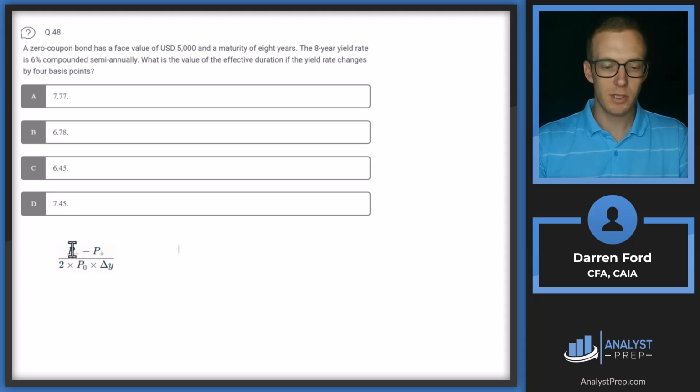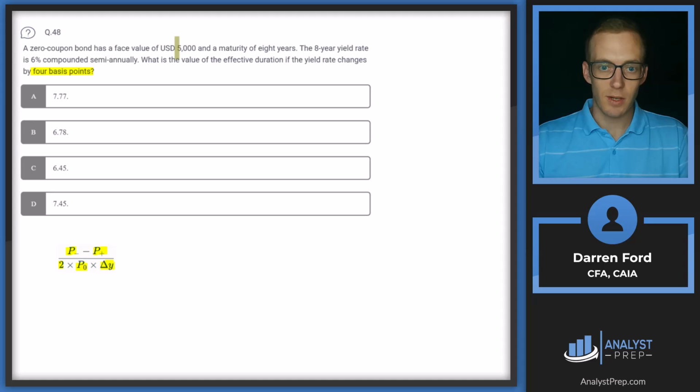So P minus, the price when yields decrease, minus the price change when yields increase. So essentially when those yields go up or down 4 basis points, that's what these values are going to yield. And then in the denominator, we've got 2 times the price at the start, multiplied by the change in yield. So this is going to be our 4 basis points plugged in right here.